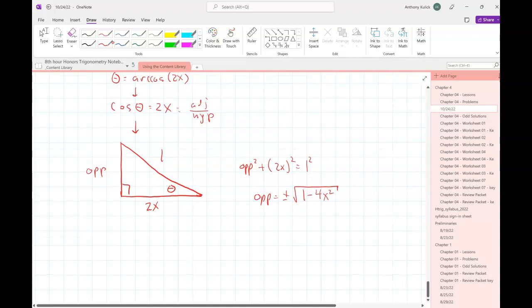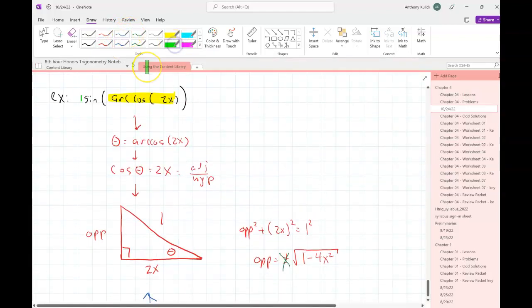Now, this is the side length of a triangle, correct? So what can I do with that plus or minus? Drop that and just call it positive. So now, what do we have here? I'm just going to do sine of theta, right?